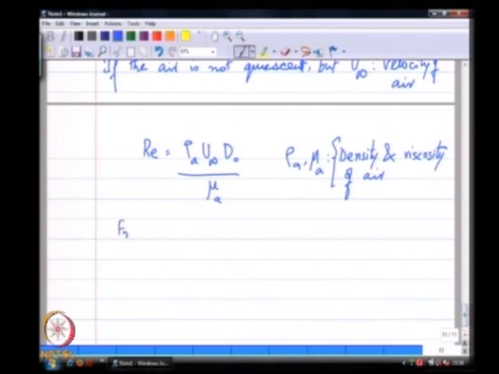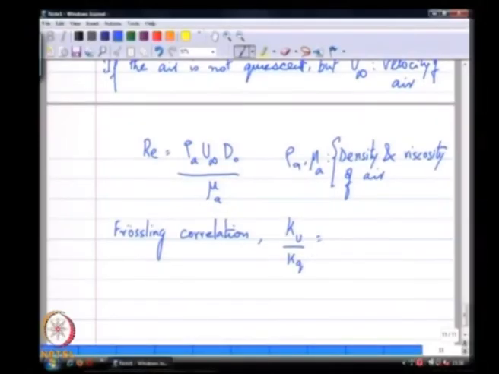And there is a very famous work by a German author by name Frössling, who developed this Frössling correlation that says that K in the presence of some advection past the drop, divided by K quiescent, is of the form 1 plus A times Re to the power n.